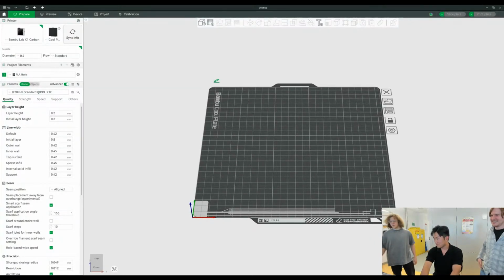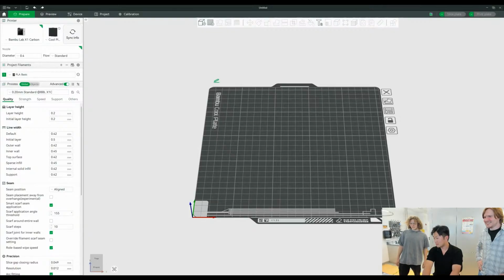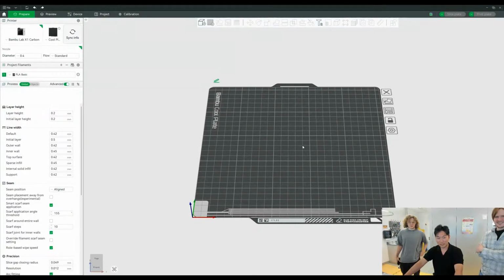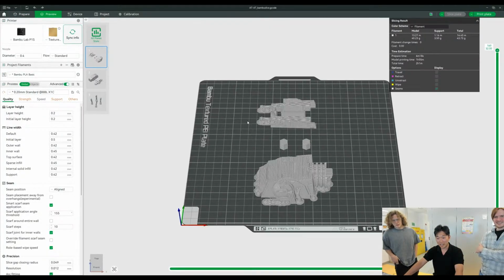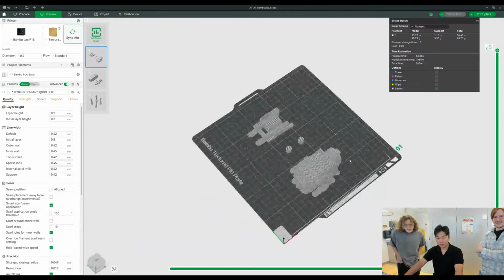You could print a pretty big X-wing on this thing. So much potential. Oh yeah, this is something I was curious if I could do the print, but this is like a multi-day print. This is just part one.